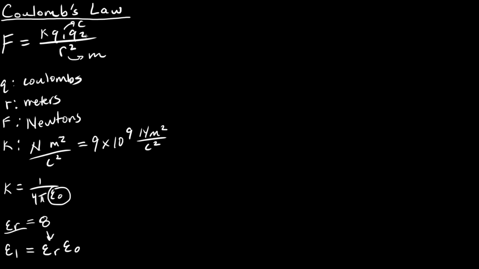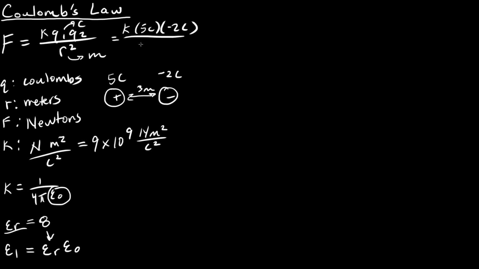Okay, so just to illustrate how to use Coulomb's law, let's do a quick example. So it's a plus 5 coulomb charge, and then a negative 2 coulomb charge. Let's say the distance is like 3 meters or something. And now we just have to plug it in. K, 5C, negative 2C over 3 meters squared.